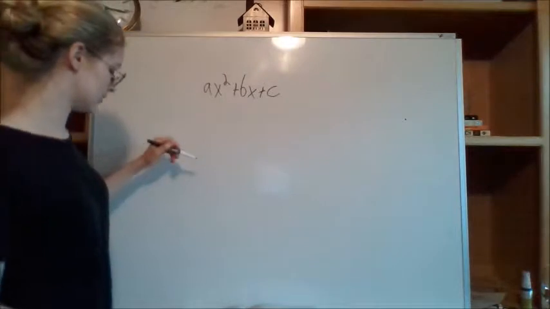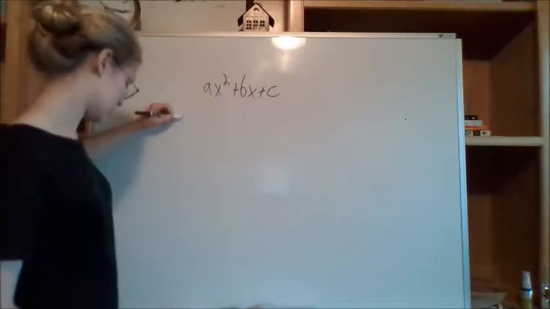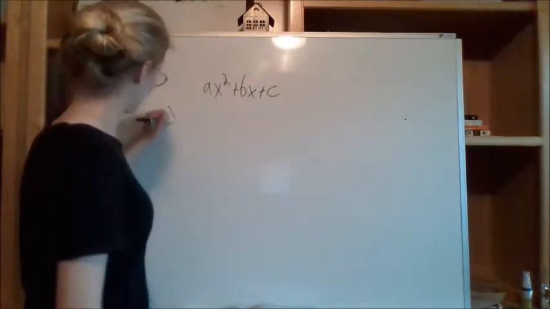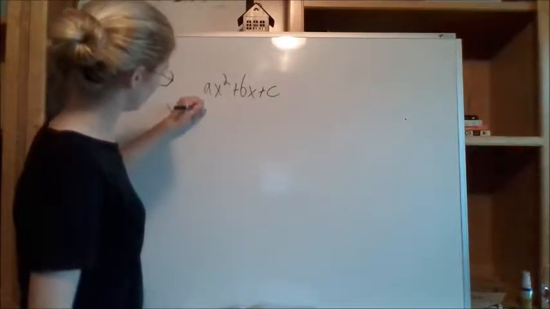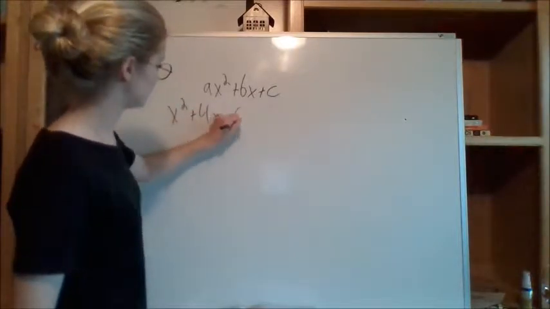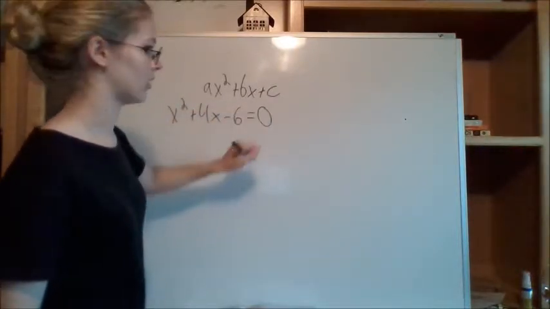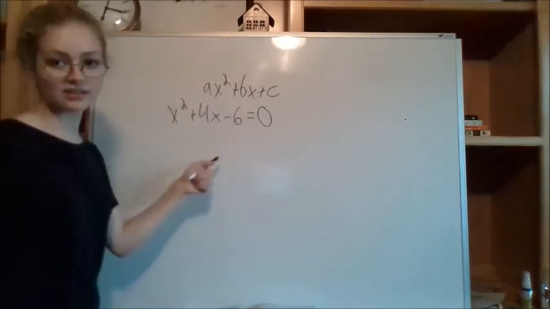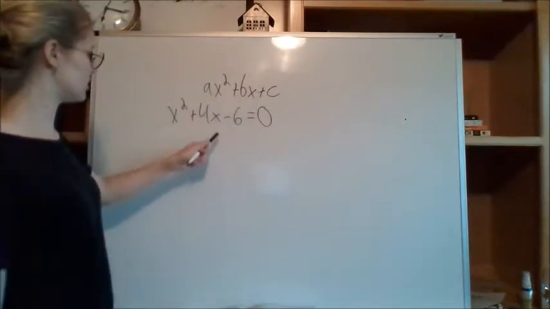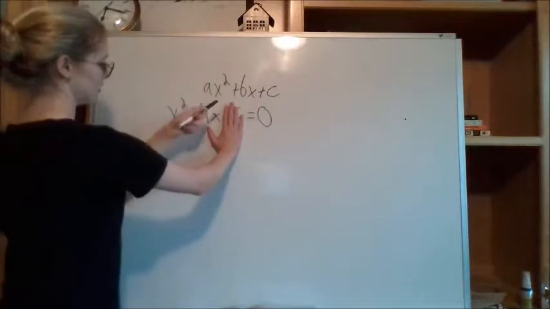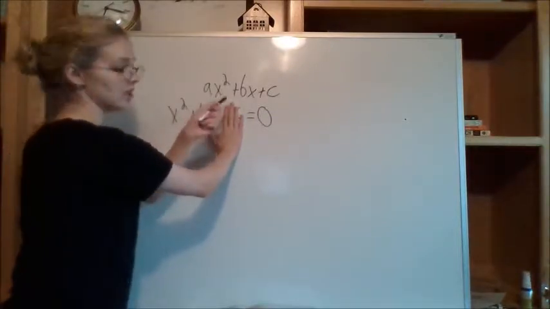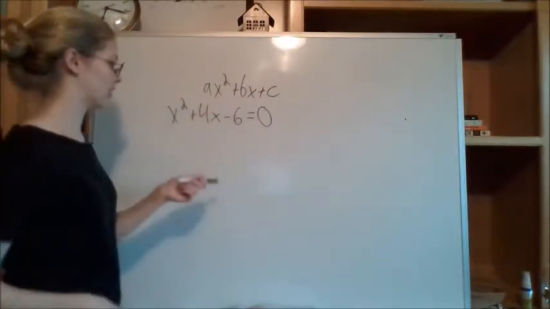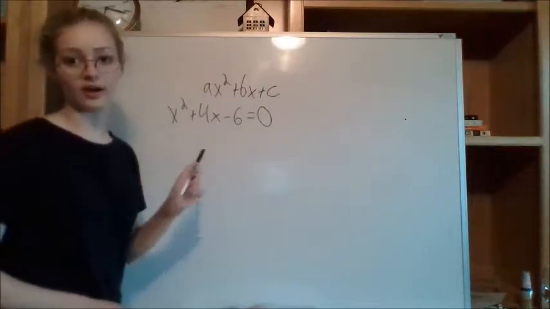So what I mean by this is, if we have x squared plus 4x minus 6 equals 0, and we want to solve for x, we need to think about what our c should be in order for us to have a perfect square.